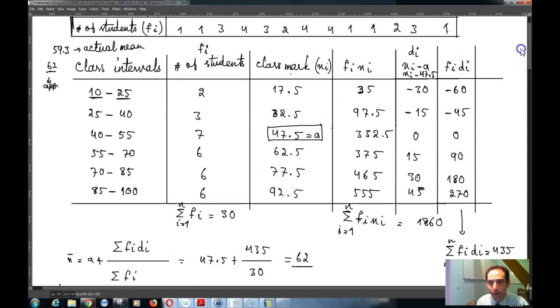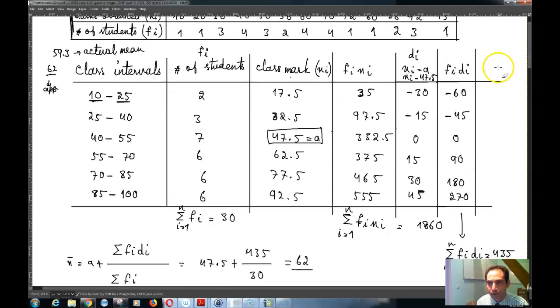Okay, so there are still a couple of things that we can do to further simplify our calculation. Let's say that we have this table over here.